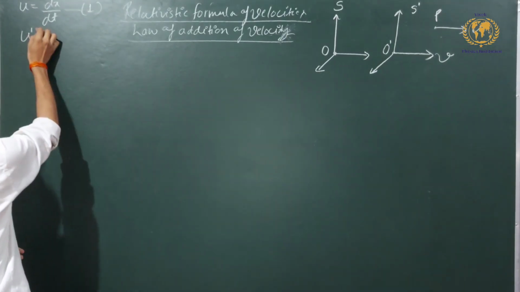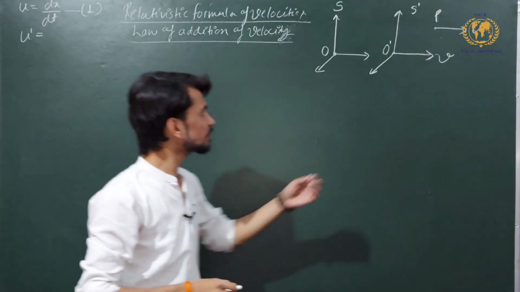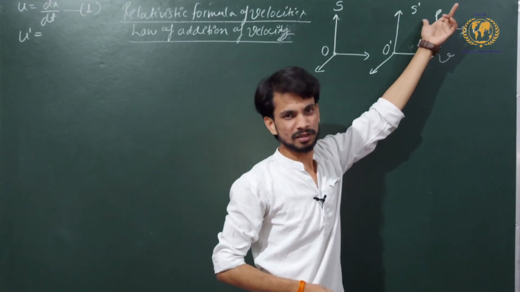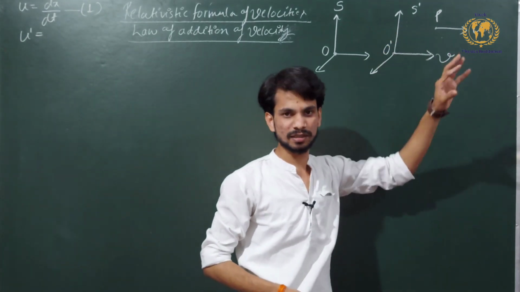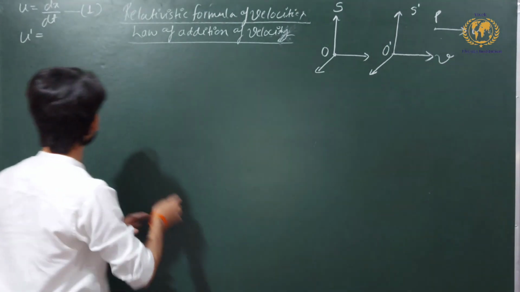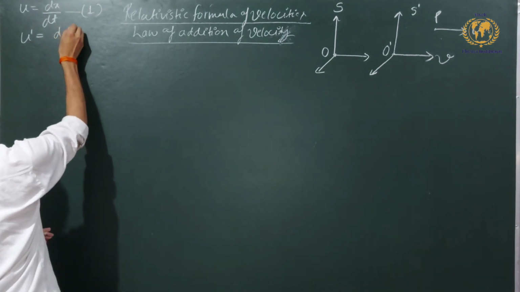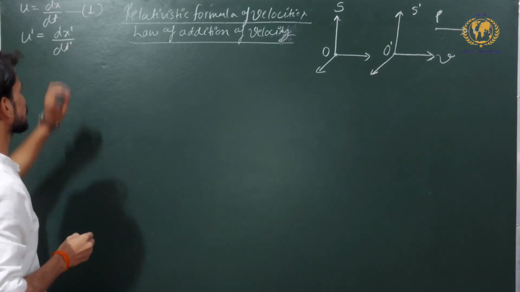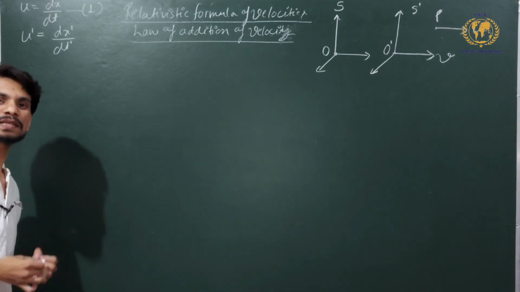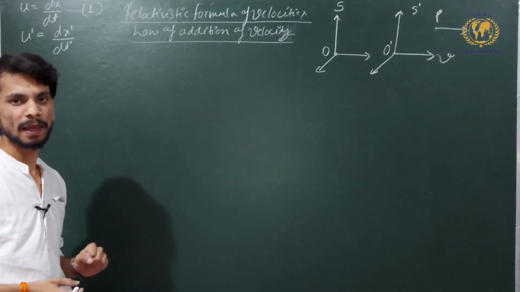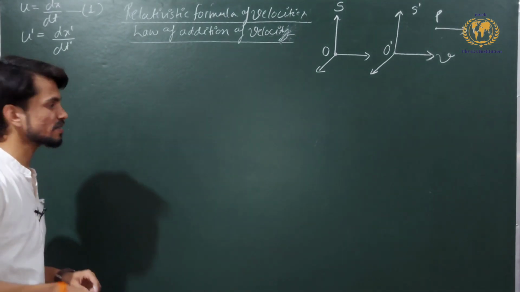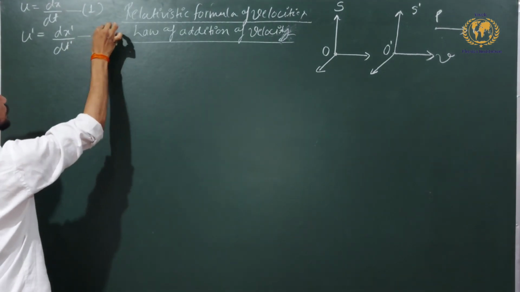The distance covered by particle P will differ according to O dash, let's say dx dash, and the time will also differ, let's say dt dash. So dx dash is the distance traveled by particle P in time interval dt dash according to frame of reference S dash. Let's say this is equation number 2.